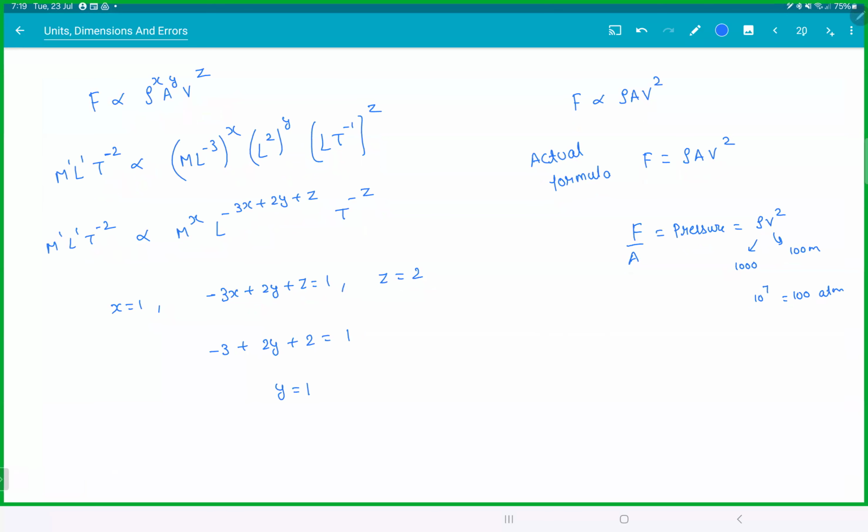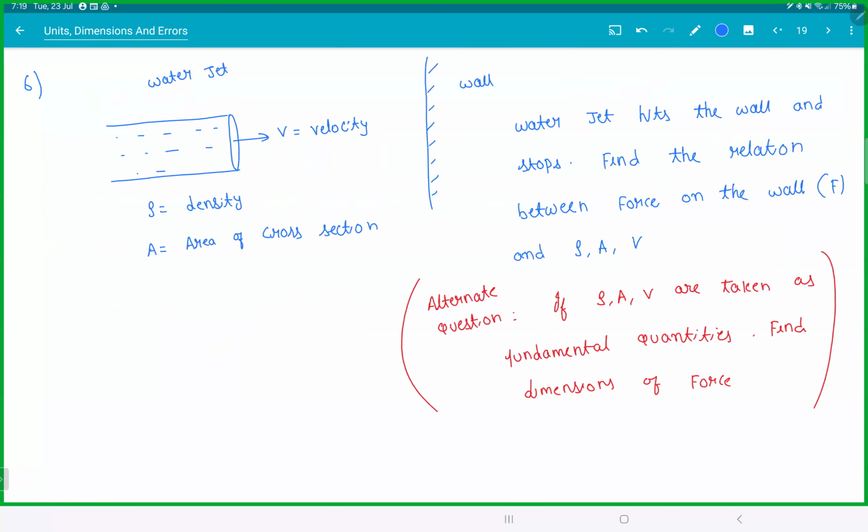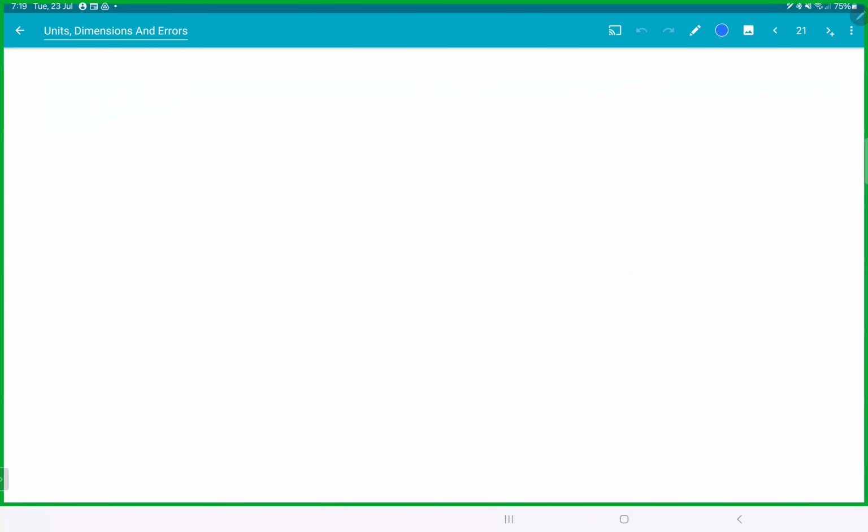Next thing. So this is one way. Next thing, dimensional analysis. So this is one use of it. We can figure out the formulas for different things. Next thing, dimensional analysis is useful for conversion of units.